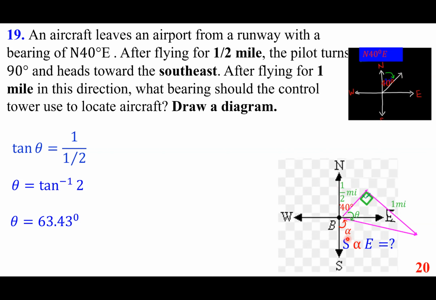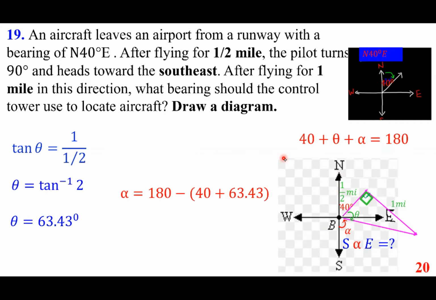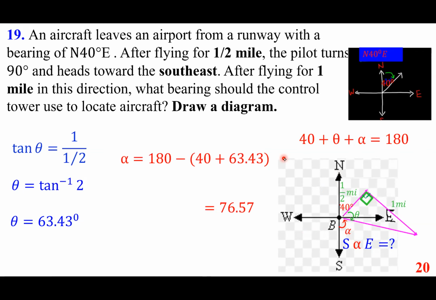Remember, the total here must be 180 from north to south. It's a straight angle. So add this to 40, subtract it from 180. That gives you 76.57, and therefore the answer is south 76.57 degrees east.